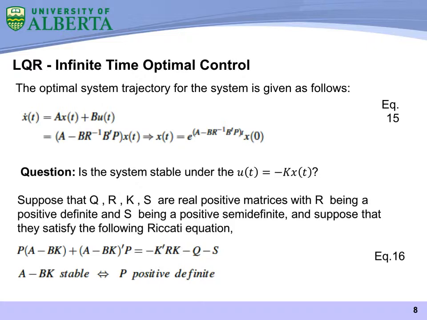Now the question is, is the system stable, and can we prove the system is stable under this gain K? Let's suppose that Q, R, K, and S are real positive matrices with R being positive definite.